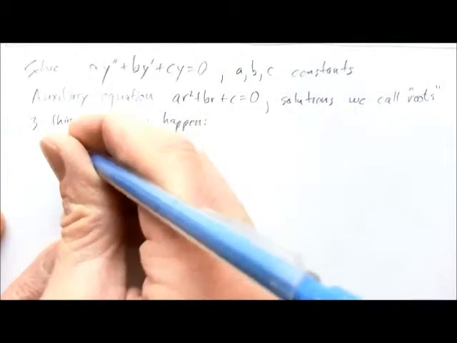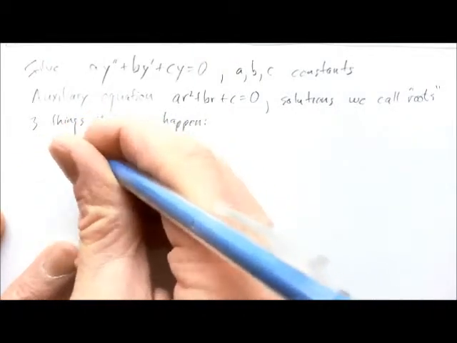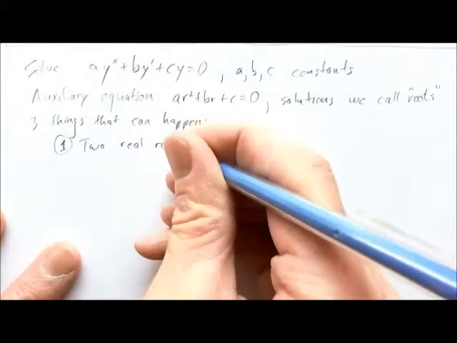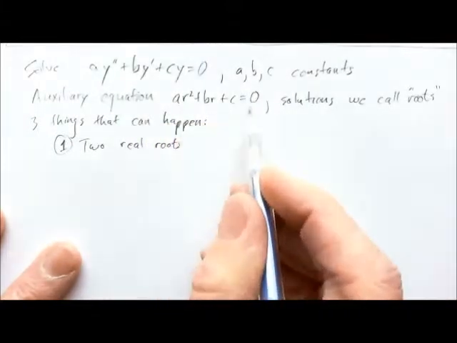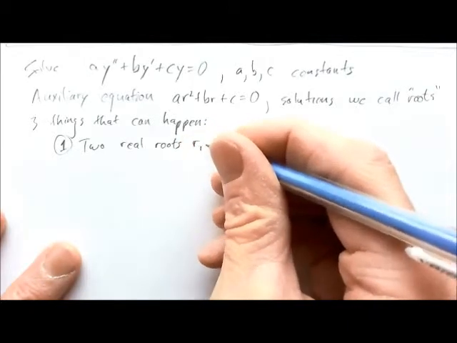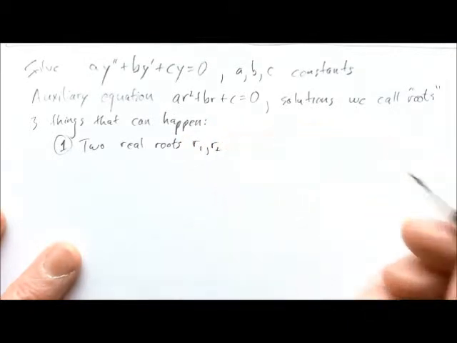The first thing is that we have two real roots, or solutions, to the auxiliary equation. Let me call those roots r1 and r2.